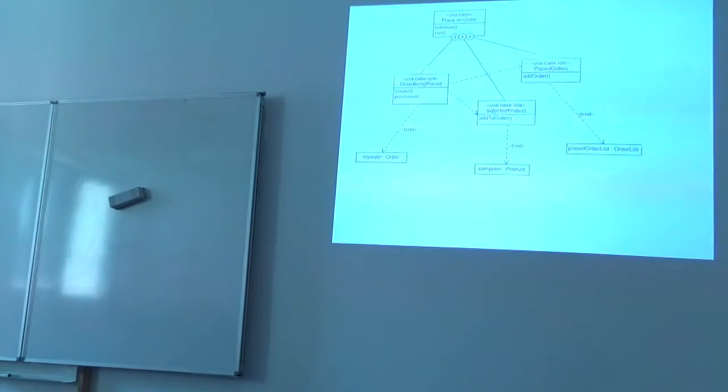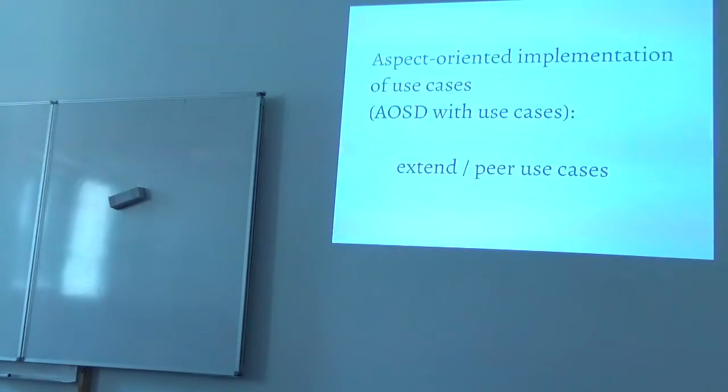And one more thing to mention is that even Ivar Jacobson restated some things, or was more successful in explaining the extend relationship and the relationship between peer use cases, with the arrival of aspect orientation.